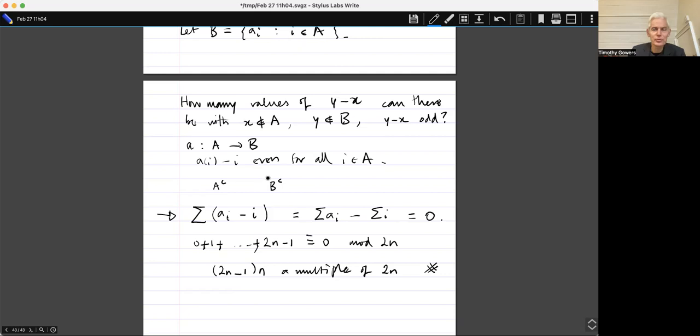Actually, I think what was leading me slightly astray was it's not really the parity of these a_i minus i's, it's just the rather stronger condition that they all add up to 0 mod n. And it so happens that the parity of this 2n affects whether that's possible. So parity does come into it, but not quite in the way that I was expecting.